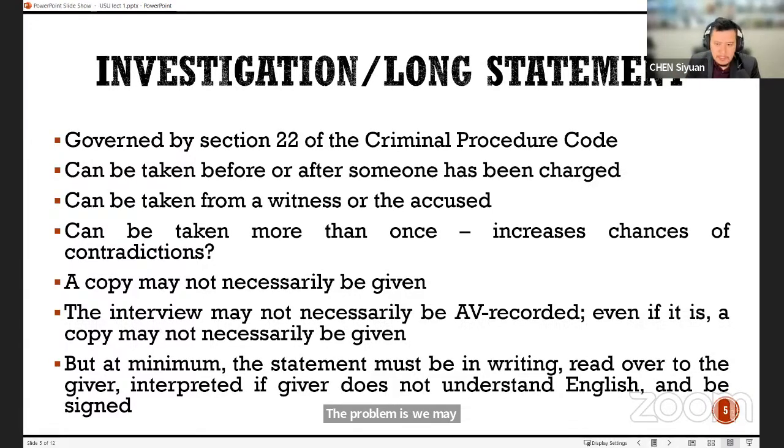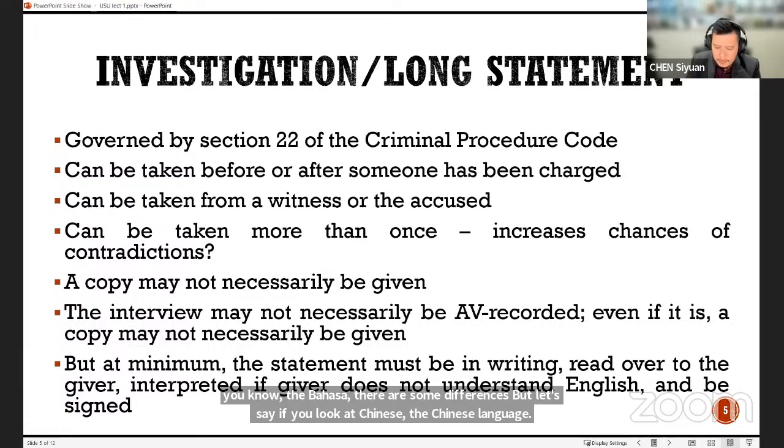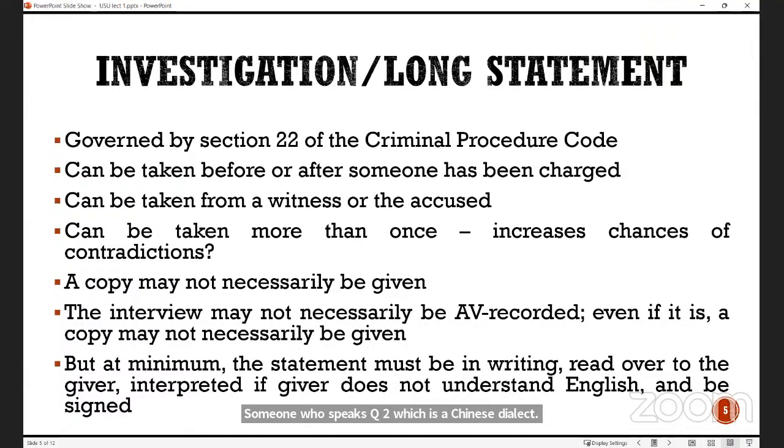So as I understand it, I don't speak Bahasa, but as I understand it, for someone from Indonesia and Malaysia, the Bahasa, there are some differences, right? But let's say if you look at the Chinese language, someone who speaks Teochew, which is a Chinese dialect, versus someone who speaks Cantonese, okay, they can probably understand each other a little bit.